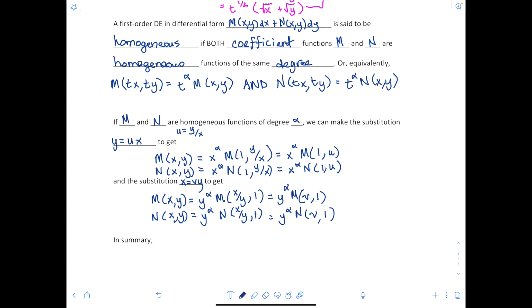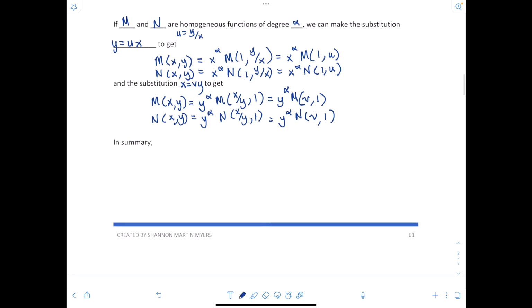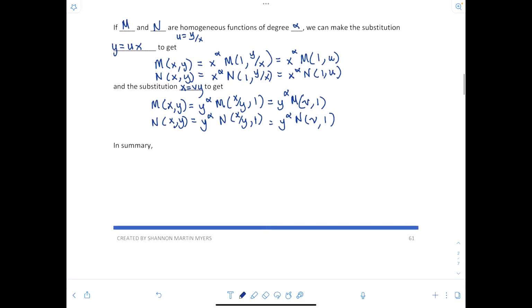So these are the substitutions you would make. Again, I really don't want you to memorize these things, but when you continue to work it out, what ends up happening is this. I'm going to work with the first version.